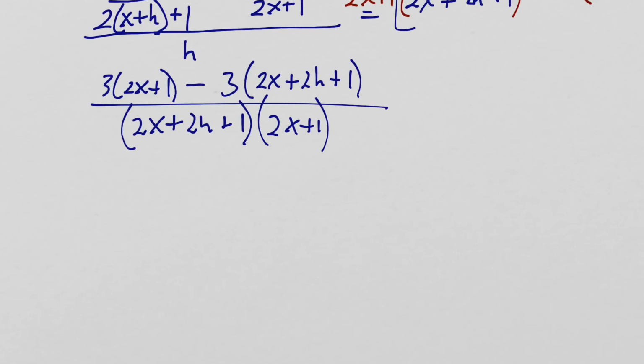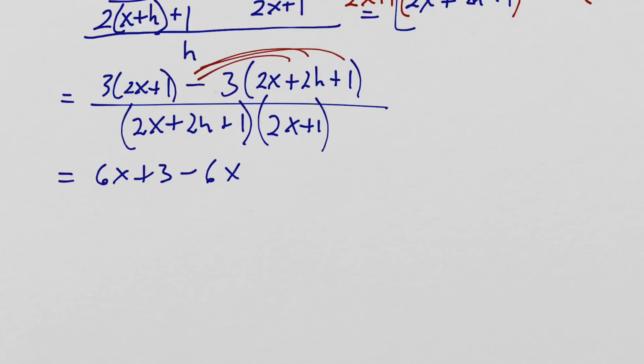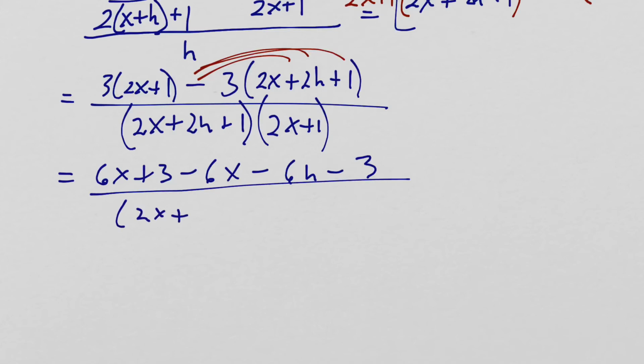So that's equal to 6x plus 3 minus 6x. We have to be careful with distributing here: minus 6h minus 3. And then I've got 2x.